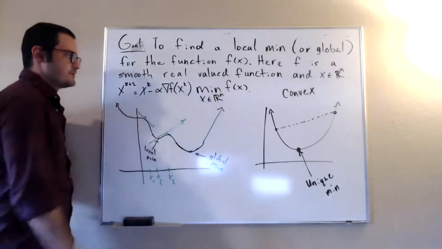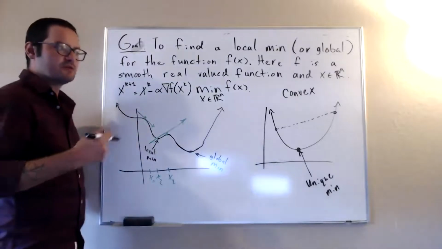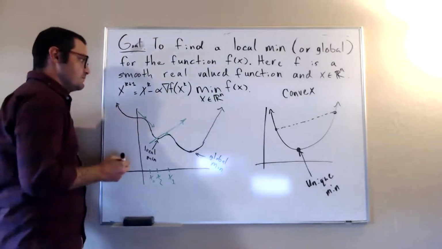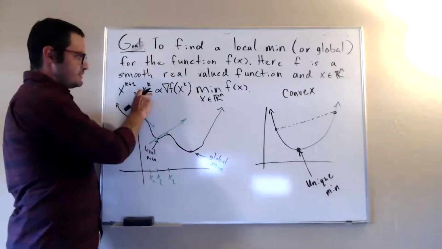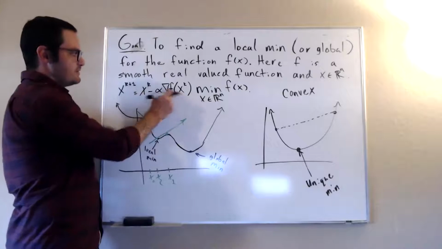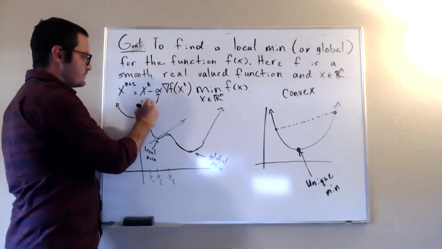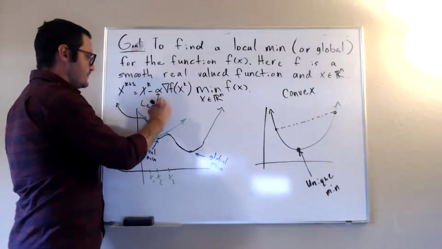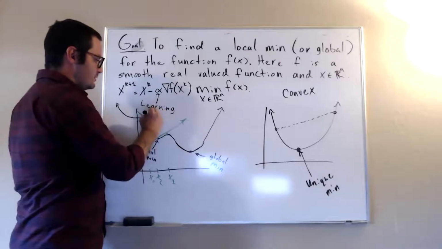Because this tells us the sign and how steep we're going to be increasing or decreasing. It tells us the direction of ascent, and this is in the opposite direction. Here, alpha is called the learning rate, or in optimization literature, the step length.